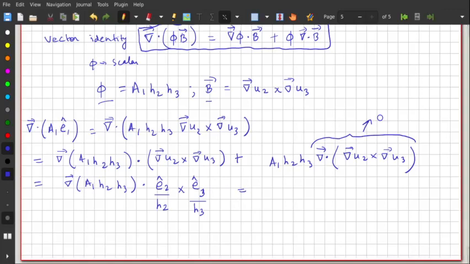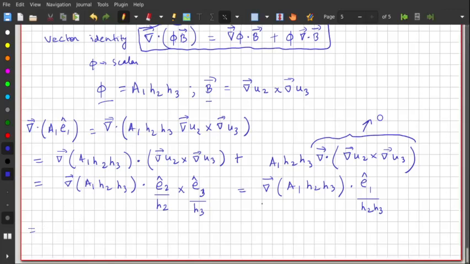So finally this could be written as the grad of A1 H2 H3 and E2 cross E3, that is E1 divided by H2 H3. Just like this we can write the other components. But before writing that, let's expand this even further.